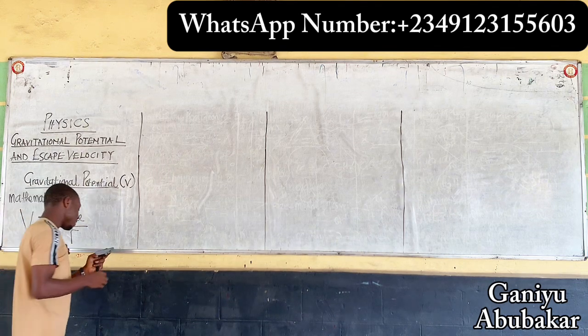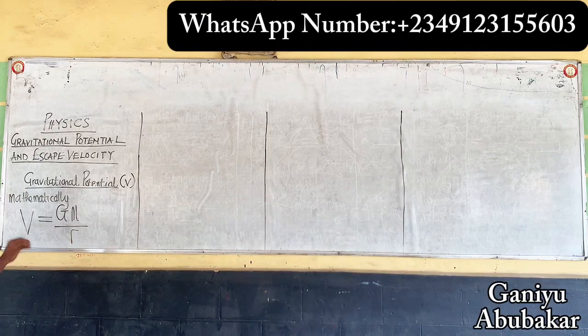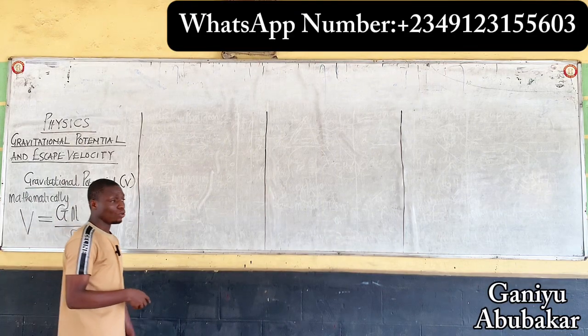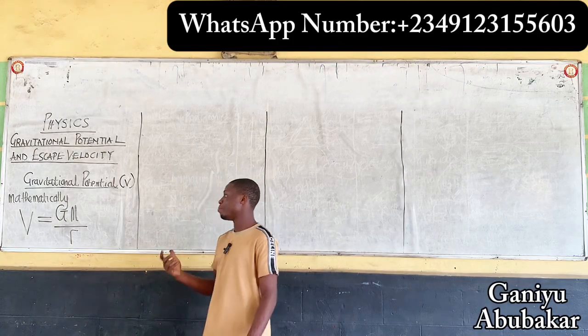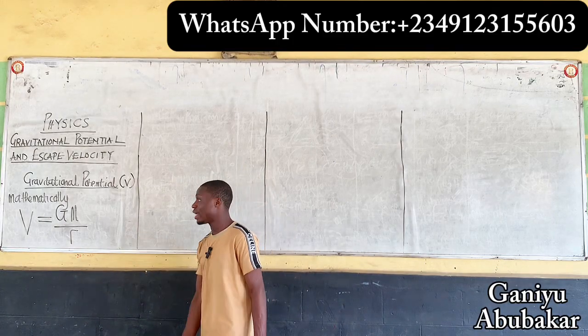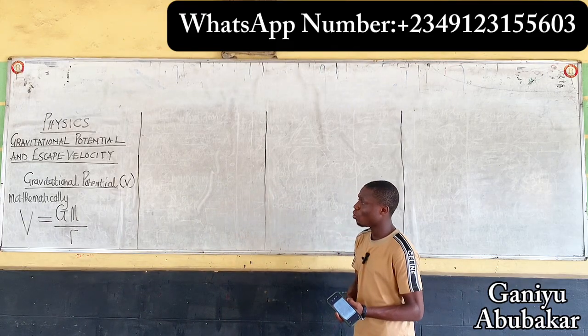Please note that the formula for gravitational potential is V equals GM over R. G is the universal gravitational constant, m is the mass, while R is the distance. That is the mathematical expression for gravitational potential.